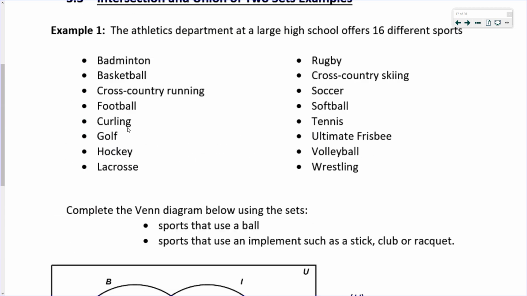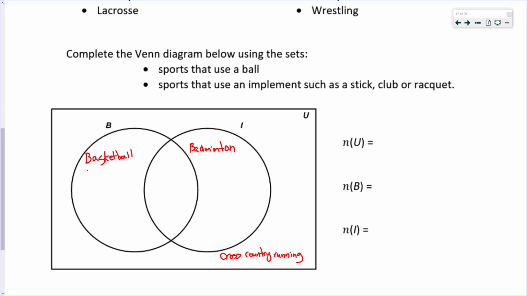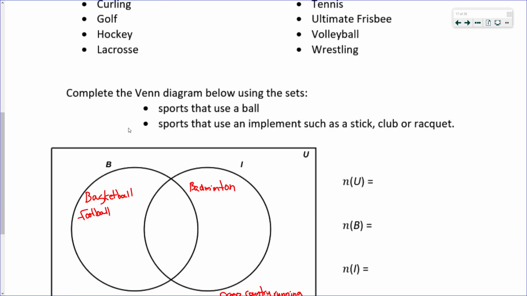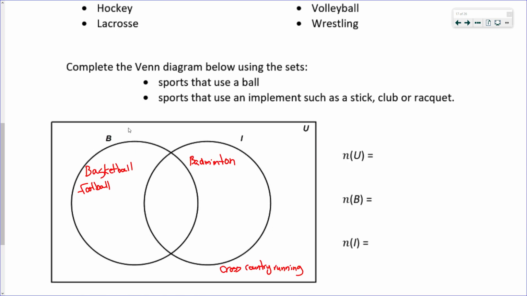And then, so we've done that one, we've done that one, we've done that one. Football just uses a ball, so football goes in the B set. Curling uses a broom. So curling is going to go into I.